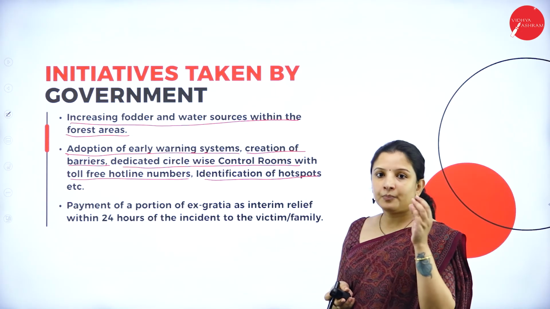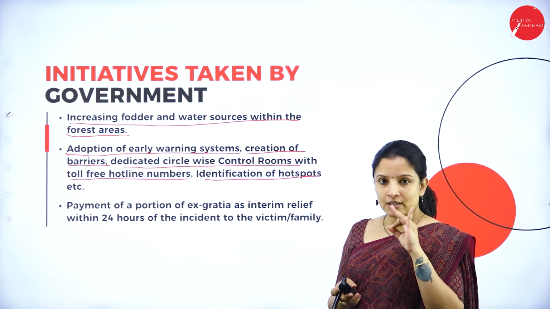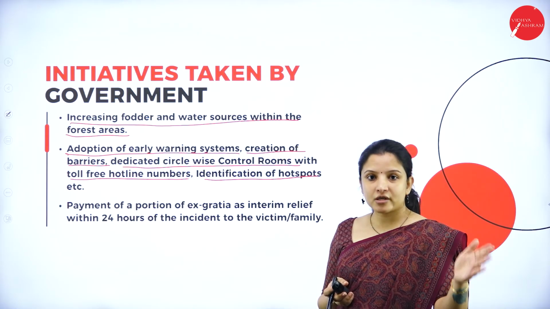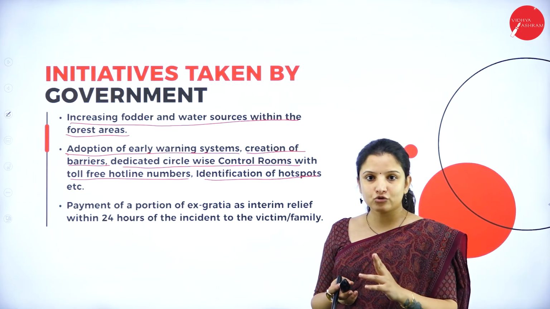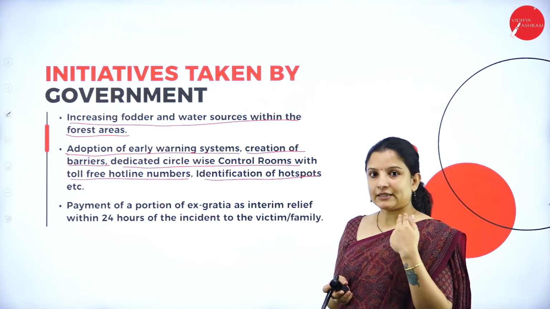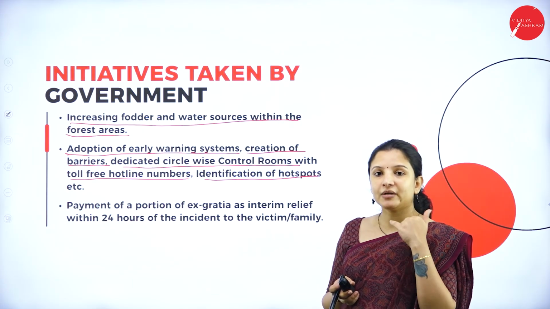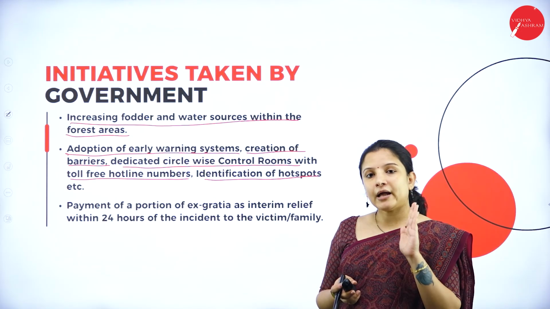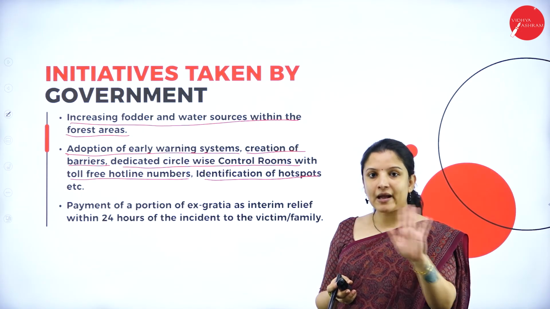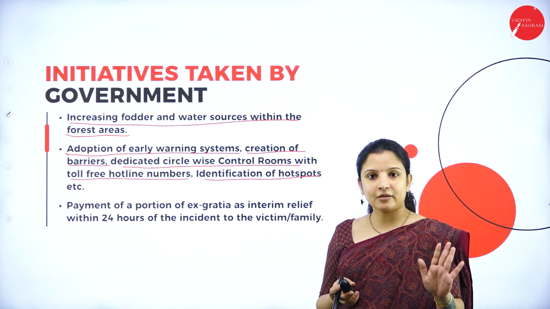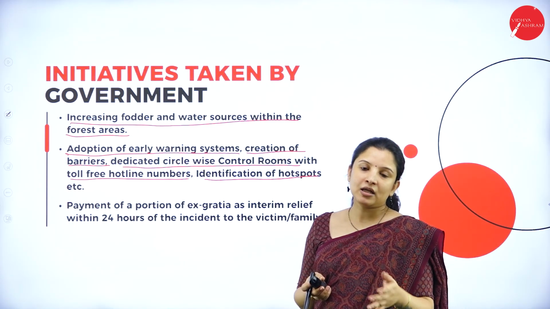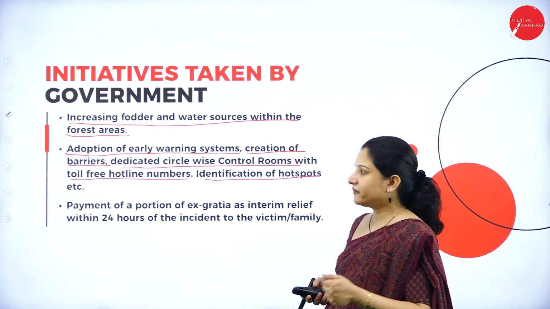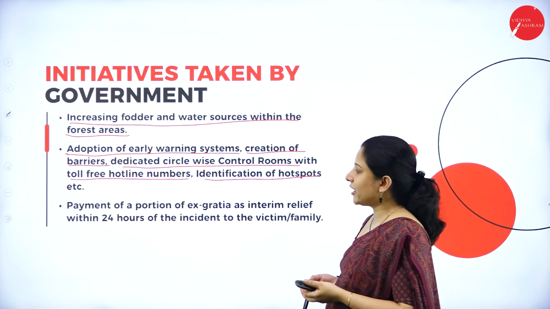And also proper control rooms should be set up wherever there is a human settlement sharing its boundary with the forest, with a 24/7 phone facility, so that people can immediately call and alert the officials, so that the officials can come and do whatever is needed to send that animal back to its habitat, so that people will not have to directly intervene with those animals, and human wildlife conflict can be prevented. So all these methods can also be adopted.